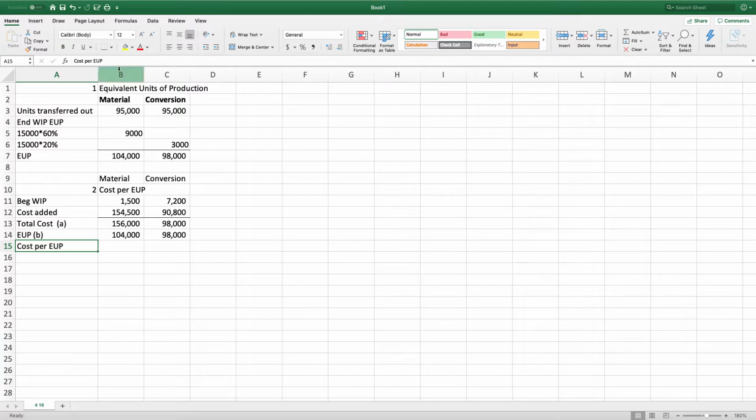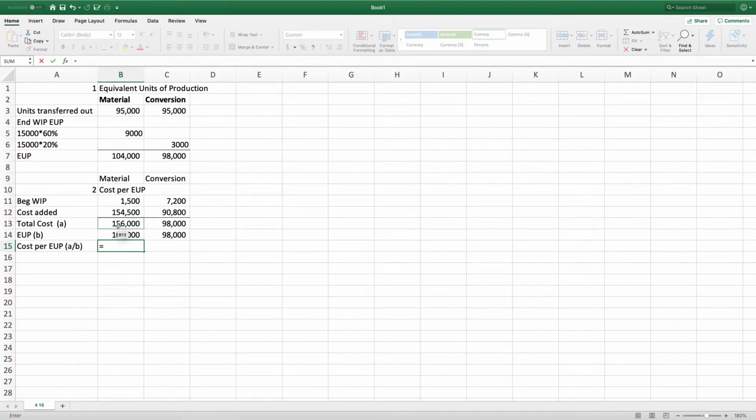So to figure out what the cost per EUP is, let me go back here. I just divide column A and column B. So we got $156,000 of material costs divided by the equivalent units with respect to material cost.